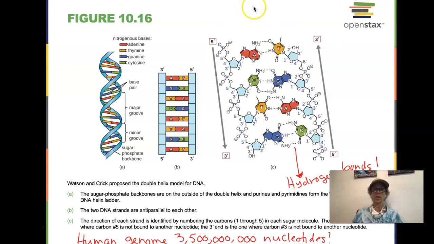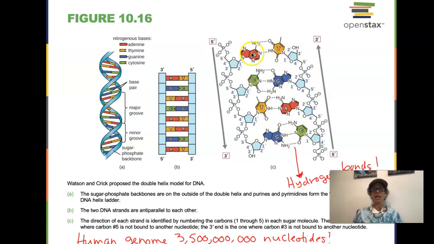So this is one complete DNA strand. We have a 5' phosphate, a phosphate on the 5th carbon, and a 3' OH, that hydroxyl group on the 3rd carbon. We see the hydrogen bonds between the bases that are in the interior of that helix, the spiral staircase.